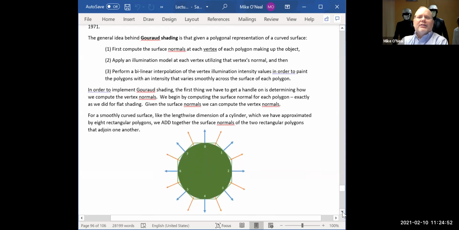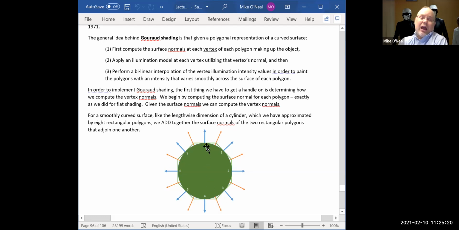Gouraud shading is not that bad. Basically, it starts with the same surface normals that you have to compute if you want to do flat shading. But instead of just flat shading, it says, let me figure out what the surface normals are at the vertices of each polygon.